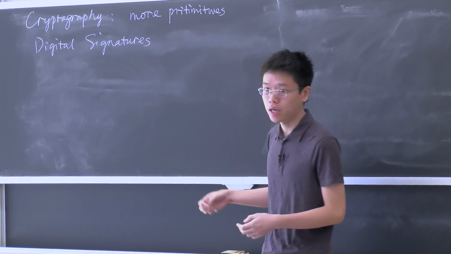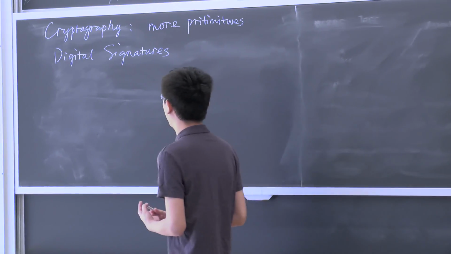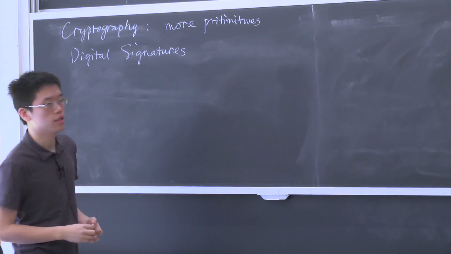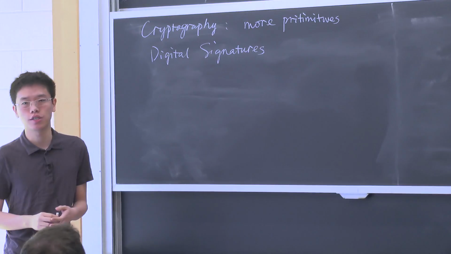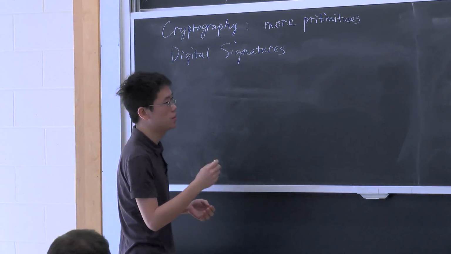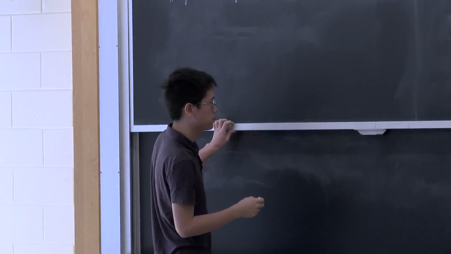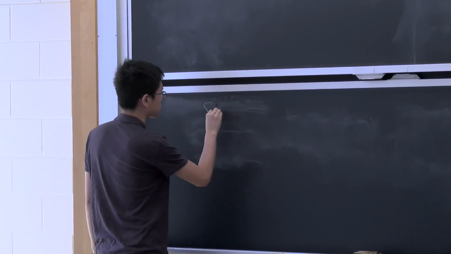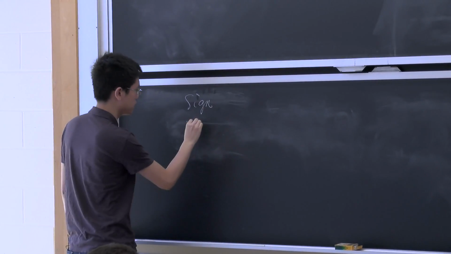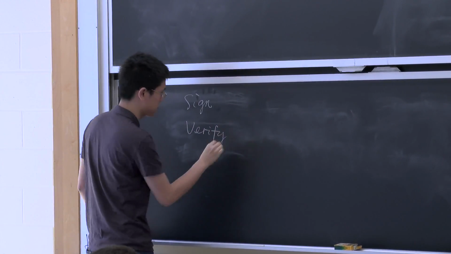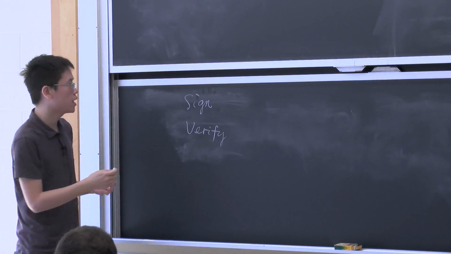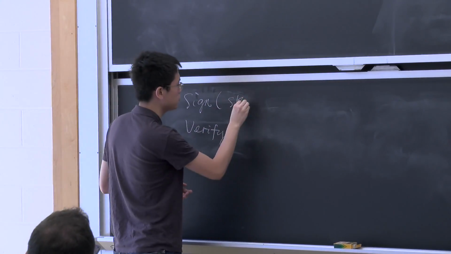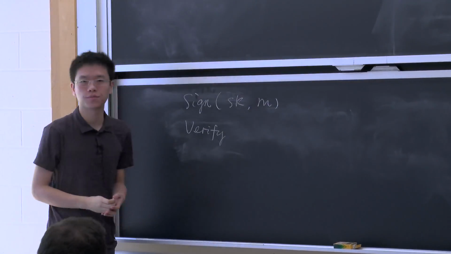As you may have already known, digital signature is used for verifying message authenticity, and it's a pair of functions: sign and verify. Sign takes a secret key and a message.